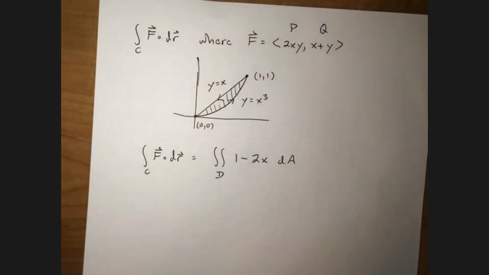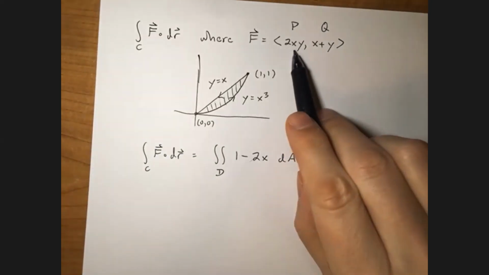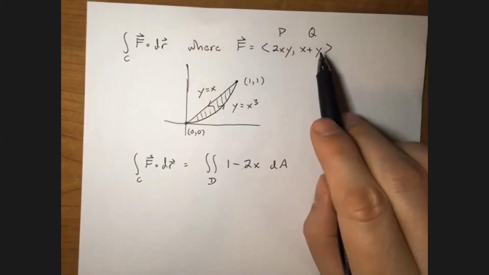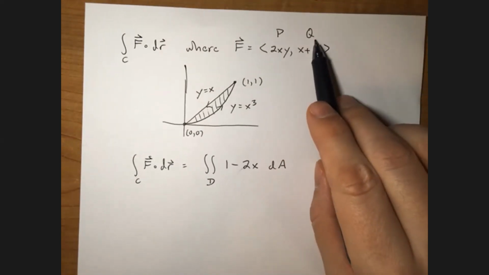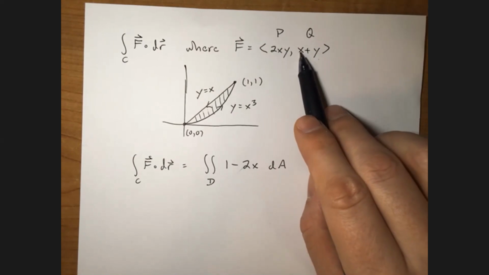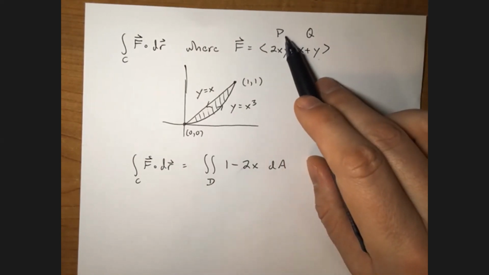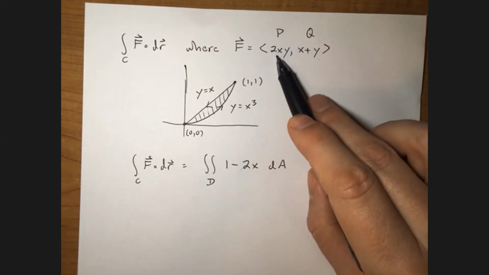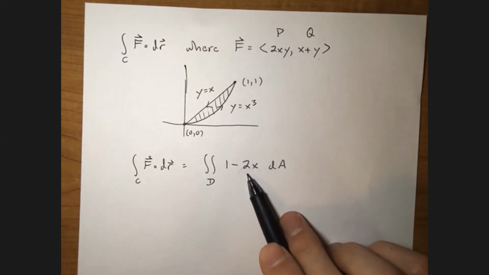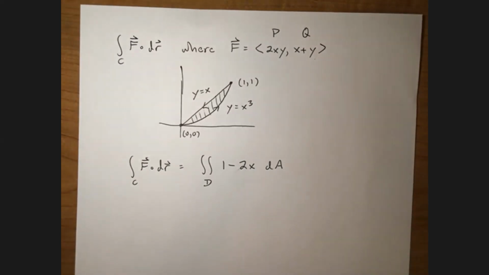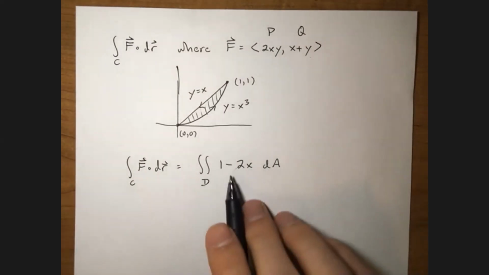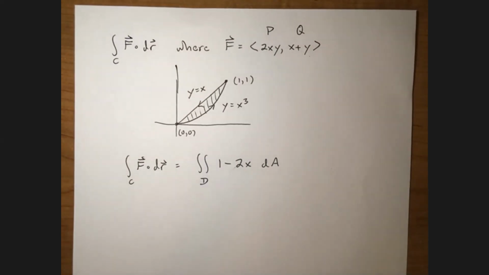The vector field is given by p comma q. So qx is the derivative of this with respect to x, that's 1. Py is the derivative of this with respect to y, so that's 2x. This is what Green's theorem says. We integrate over this region now.